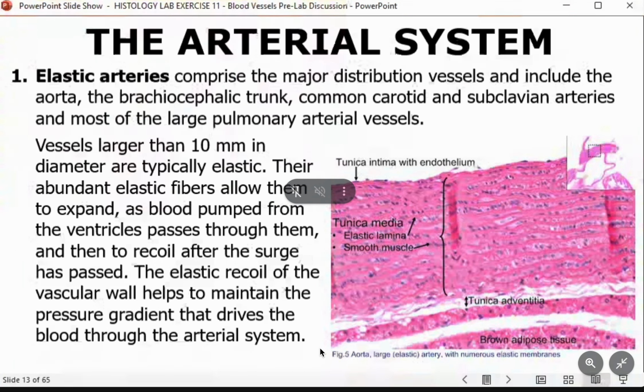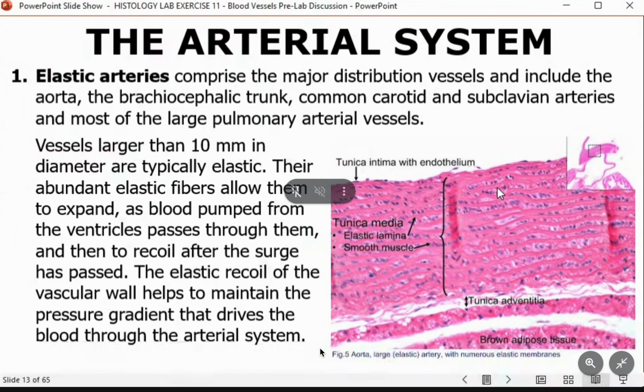This is what you've seen stained by an elastin stain, if you can recall in exercise 4 on connective tissue. This is an aorta here, class. And you can see these thin pink stripes here. These are your muscle tissue, smooth muscle.